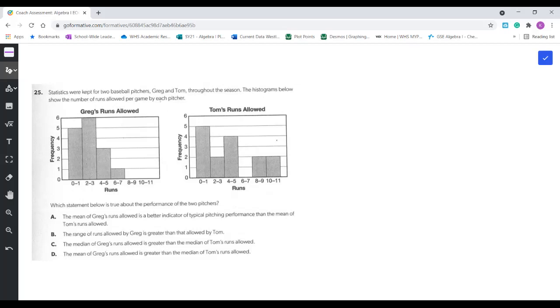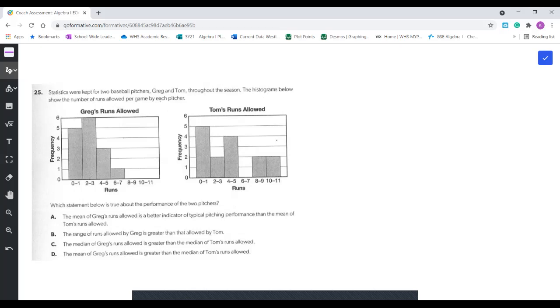It says the mean of Greg's runs allowed is a better indicator of typical pitching performance than the mean of Tom's runs. Well, let's look at Greg's runs. I'm sorry, wait. He allowed 0 to 1 runs 5 times. So this is every game. He allowed 2 to 3 runs 6 times.